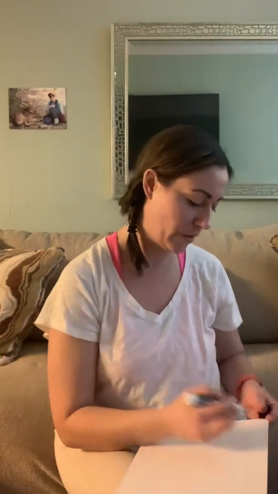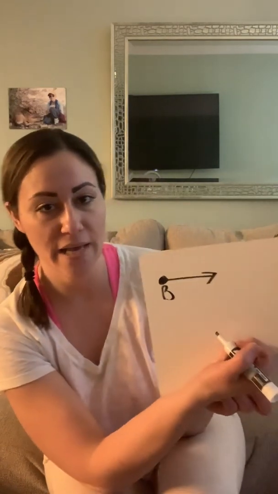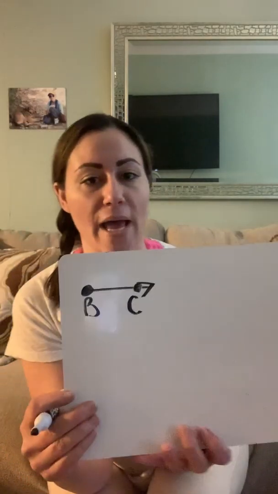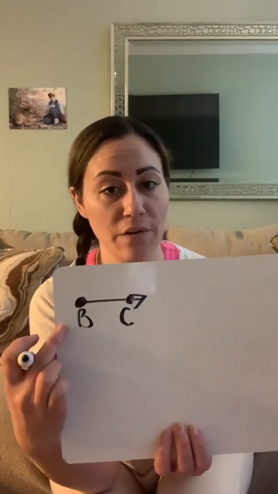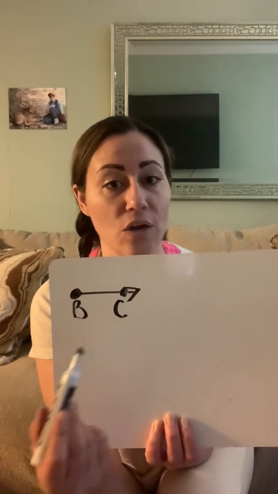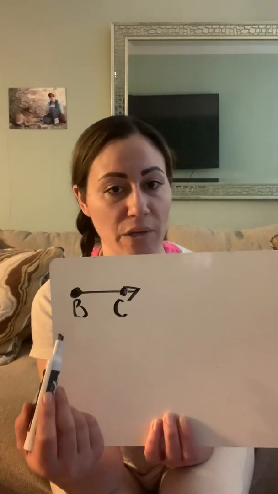All right, I'm going to draw a ray, and I know that this gets labeled, so I'll label my endpoint as B. Then I draw another point, I'll make that C. So now I have a ray with the endpoint of B and another point of C. I know that I always have to start with my endpoint when I'm naming a ray.